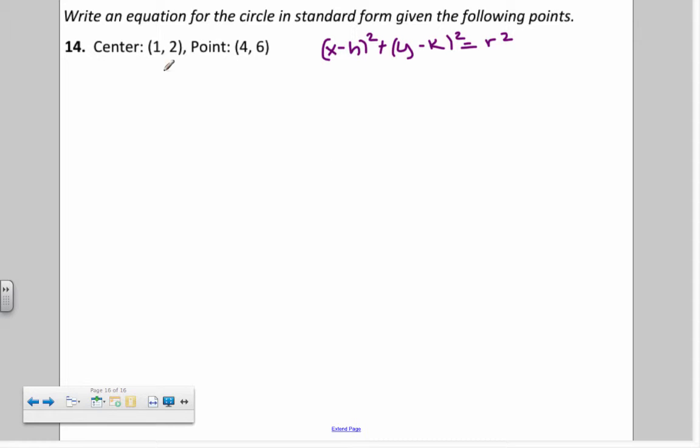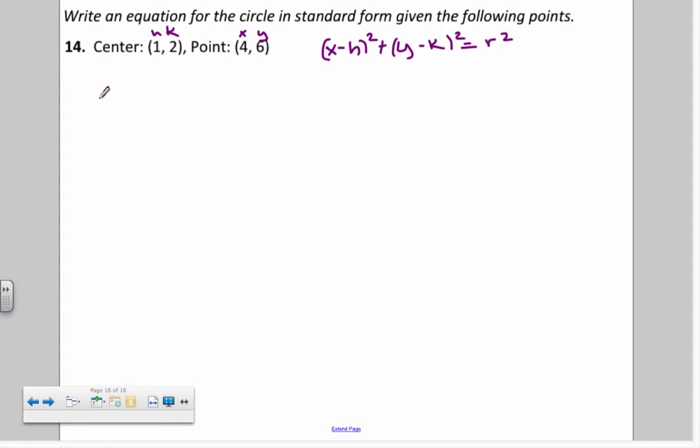But so far what I'm given is h, k, and a point, which is technically an x and y. So what I want to do is fill in those things and solve for r. So off to the side here, I'm going to go ahead and fill in my h, k, and my x and y so I can solve for r.